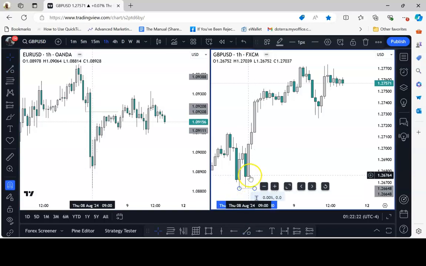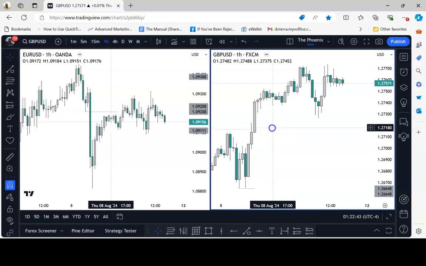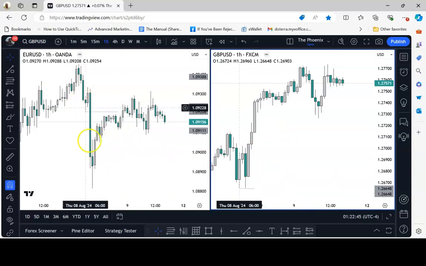So the SMT occurred, so price had a cracking correlation where the swing failed, while this swing did not fail. That's what's considered a cracking correlation. They're doing two different things, when they're supposed to be doing the same thing at the same time. So that's an SMT.